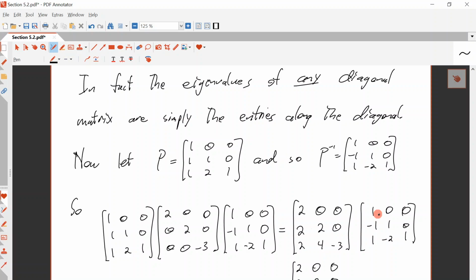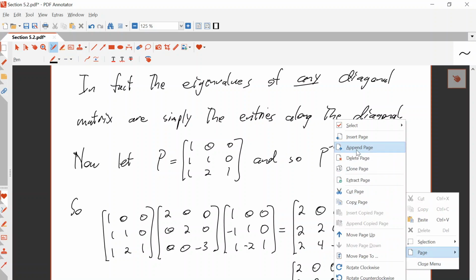I'll make the diagonal again. 2 minus 4, minus 2 minus 3. 2 minus 4 minus 3. So that's minus 5. Okay, 0, 4 plus 6 is 10. And 0, 0 minus 3. All right, so this is the product that you get.